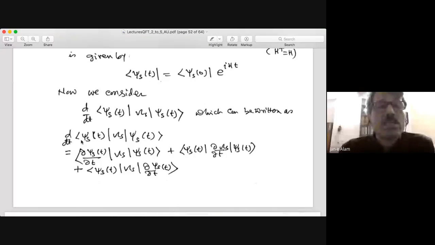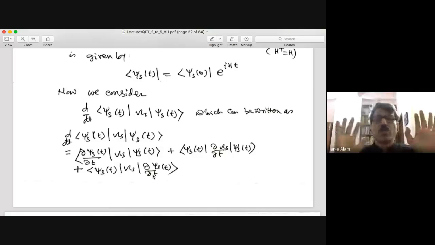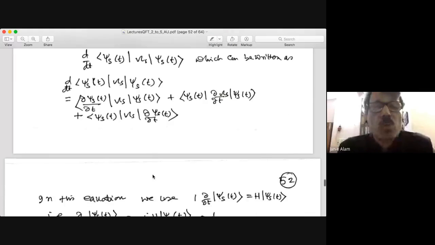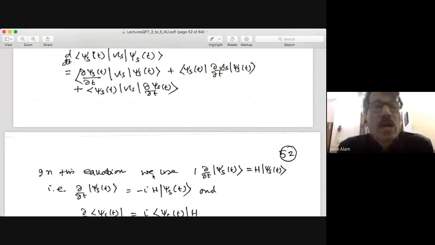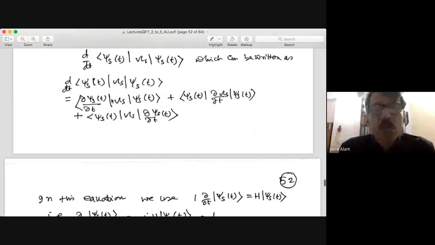Now for this d/dt of psi_S omega_S psi_S, I can see this: first you take the derivative of the bra and keep the rest the same, then you take the derivative of the operator, and at last the derivative of the ket. This is the normal differential rule we know.